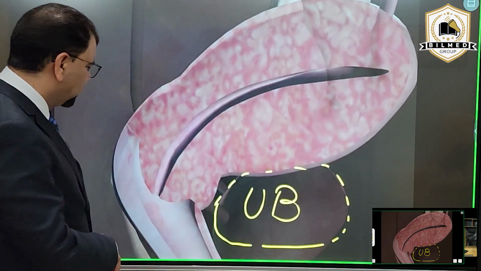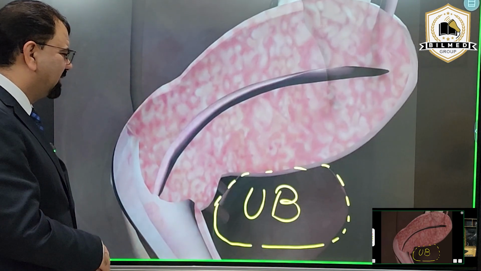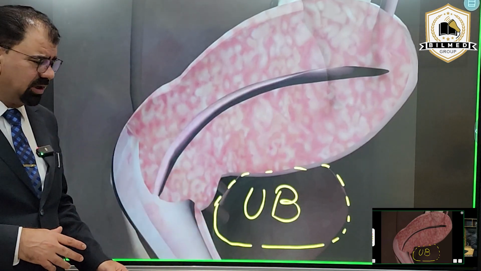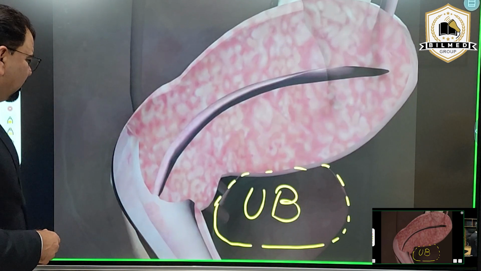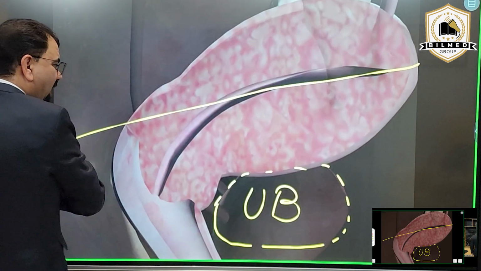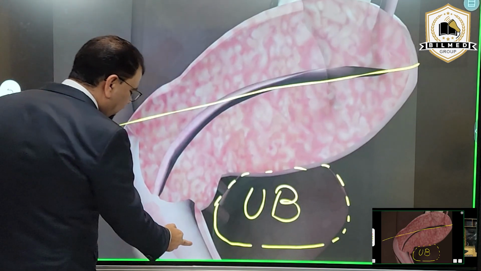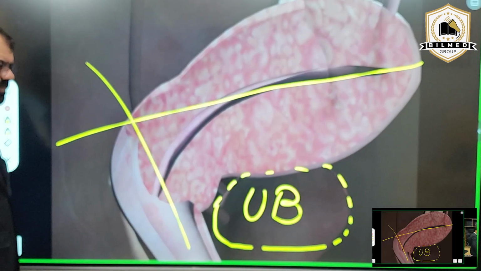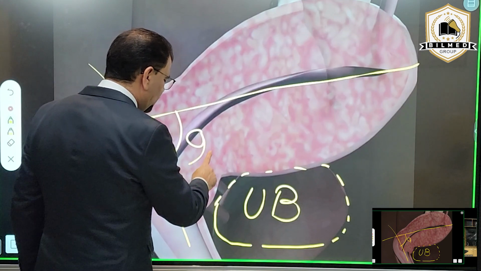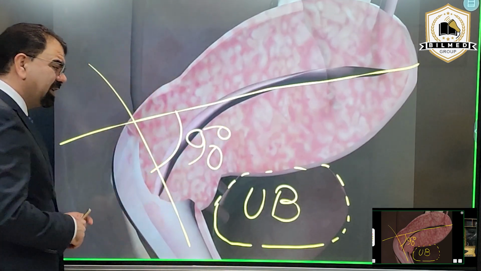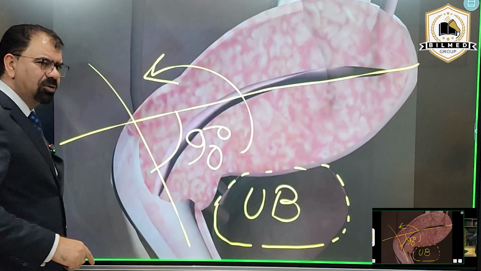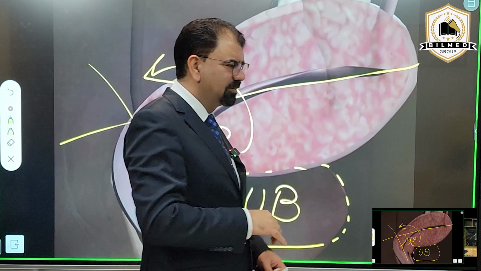Now, the question is how I can make out whether I have a retroverted, retroflexed, anteverted, or anteflexed uterus. I will draw some imaginary lines, one from the top of the uterus and another from the cervix. What is this angle over here? About 90 degrees. If it is more obtuse, what will that uterus be, Dr. Madhuri, retroverted or anteflexed?